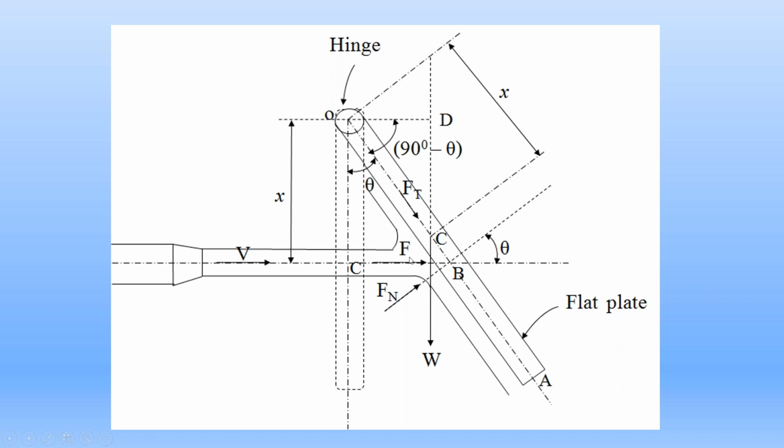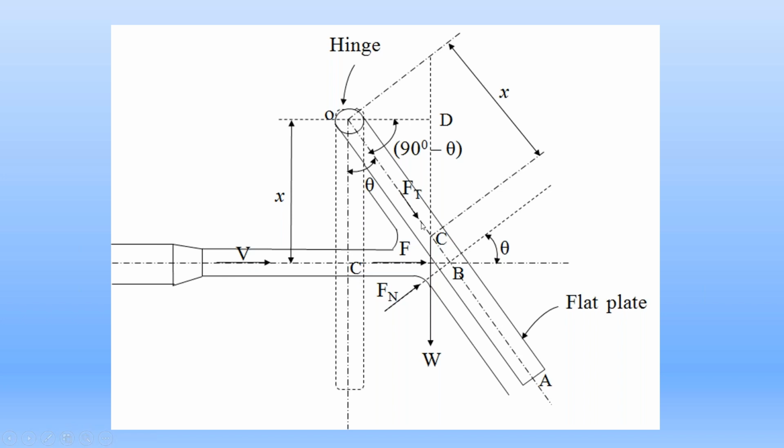Because of the force F exerted by the water jet, the metal plate is deflected. After the deflection, the water jet is acting on the metal plate at point B. Check that carefully. Once the plate is deflected, the point C moves up to this position, whereas the water jet is horizontal.